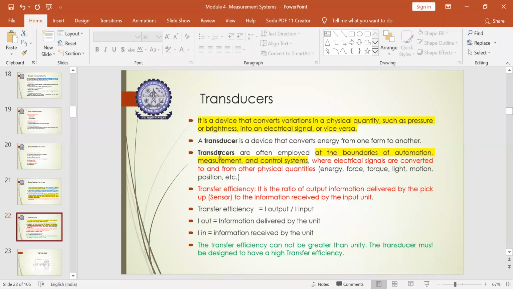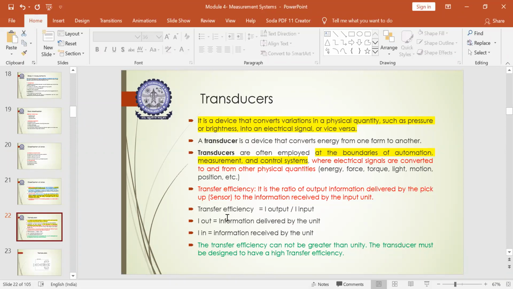So usually transducers are employed even in the field of automation, in control systems where electrical signals are converted from one form of physical quantity to the other. And transfer efficiency, how good it is at transferring the input signal to the output signal, will give you the efficiency of conversion of the energy from one form into the other.